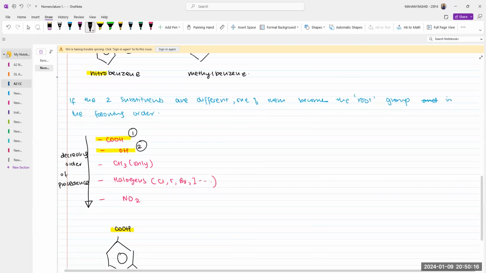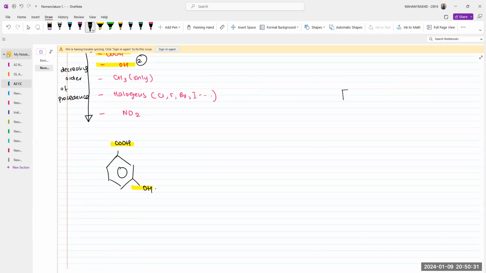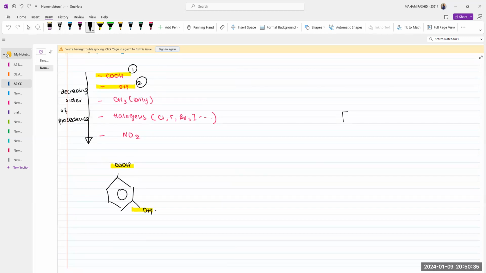Now, the notes say that if the two substituents are different, which is our case, one of them becomes the root group, meaning the name of the benzene ring, and the other one is named before. What do we need to make part of the root name here? The carboxylic acid, right?